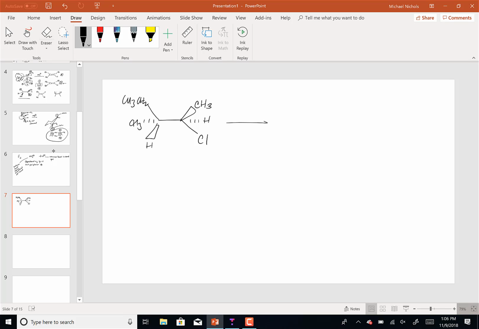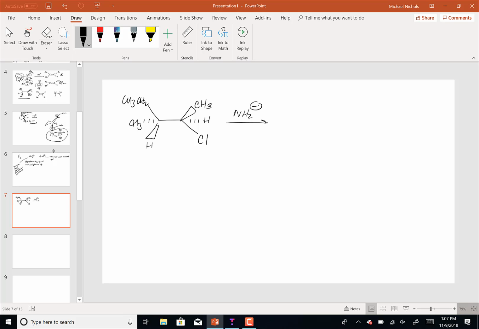If I give you this molecule and I say, let's write the possible products formed from the reaction of NH2- with this alkyl halide, and then I want to know what the major product is.